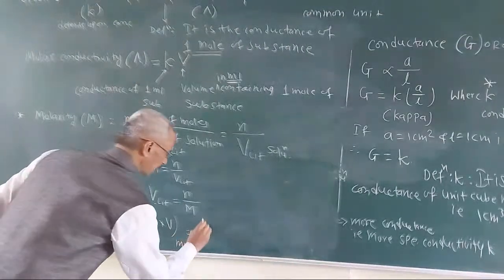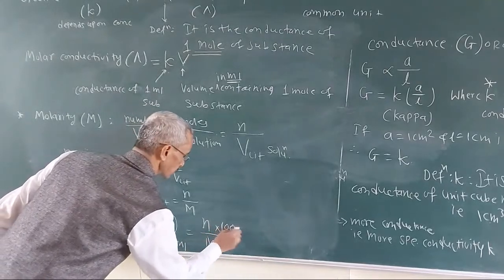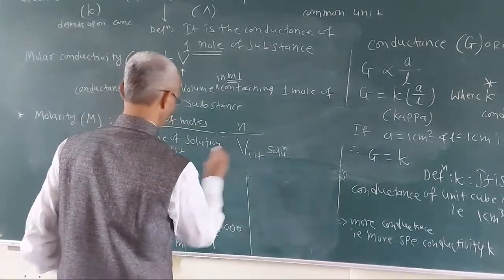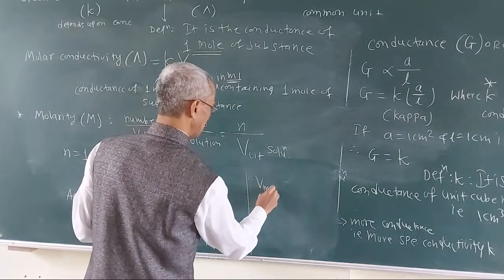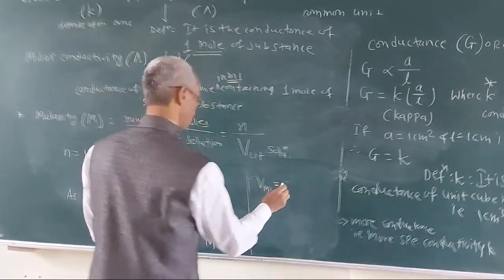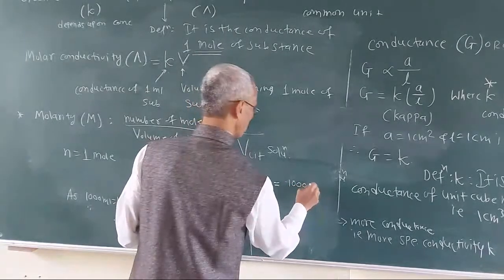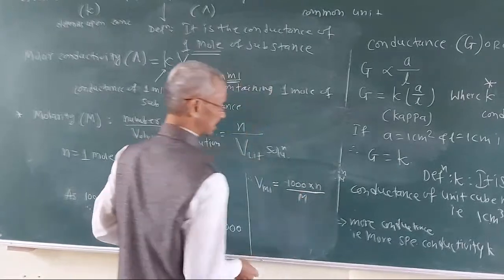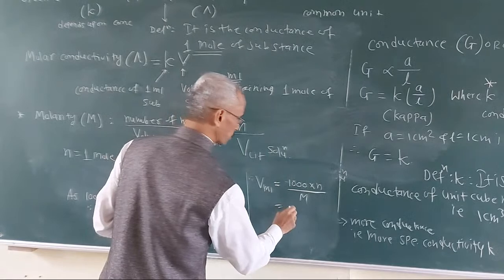That means n upon M into 1000. That is, V in ml is equal to 1000 into n upon the molar concentration, and n is equal to 1 mole.